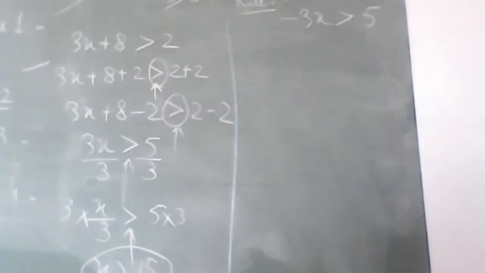Next thing, but there is an important change, and I would club it as rule 5. If we are multiplying or dividing by a negative sign, minus 3x greater than 5. I am saying minus 3x greater than 5.